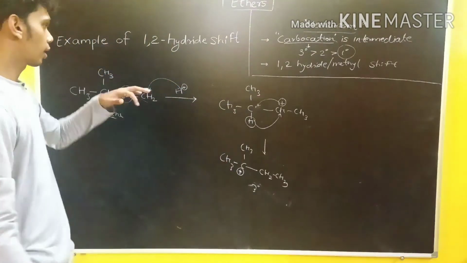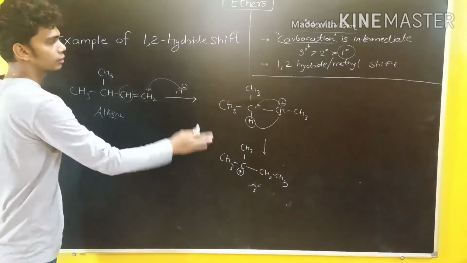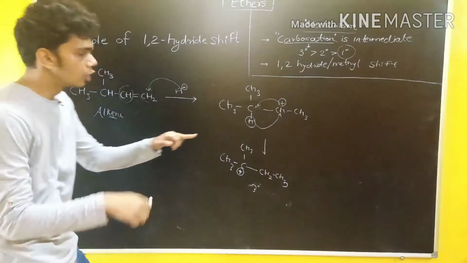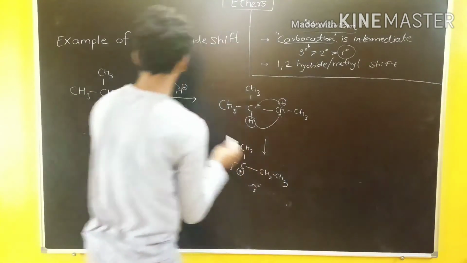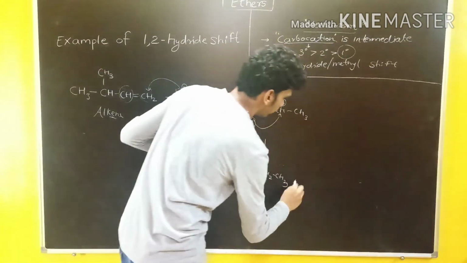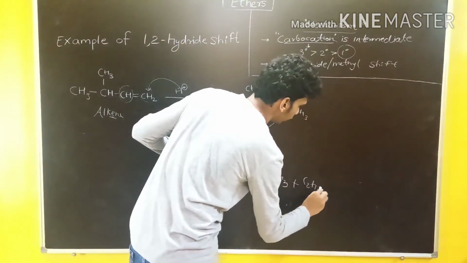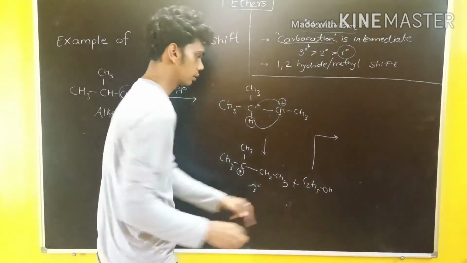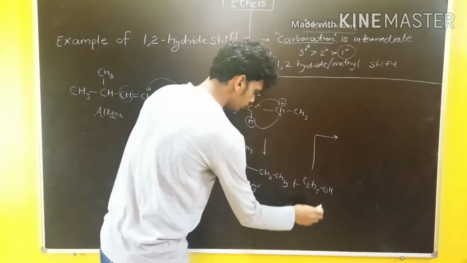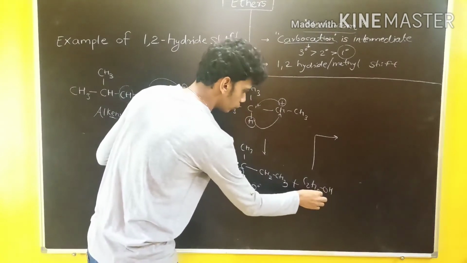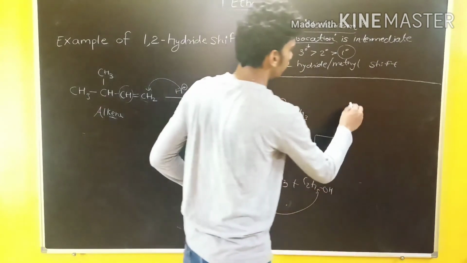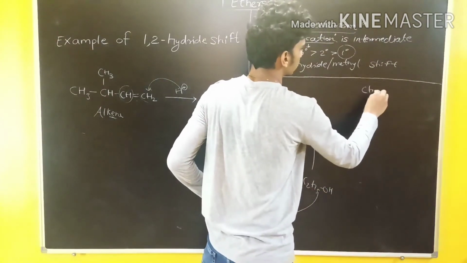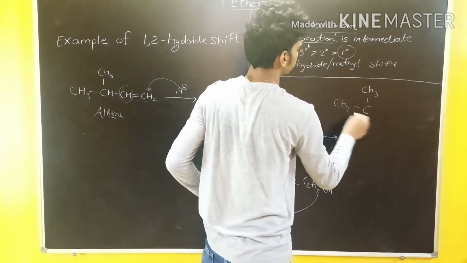Now see, the acid part remains. The second part is what? Addition of the alcohol. So if I add C2H5OH, the product will be here. See, this is a nucleophile attacking this, so it will be your carbon, CH3 as it is.